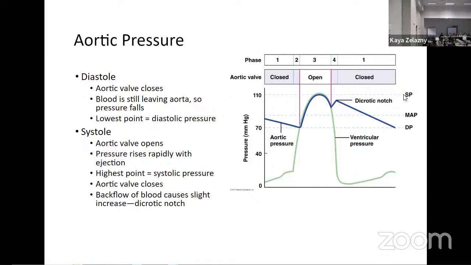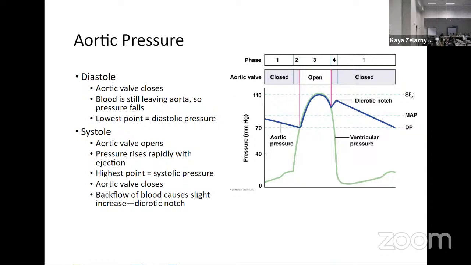What we really want to understand is systolic pressure is that highest pressure during contraction, diastolic pressure is that lowest blood pressure during relaxation. And we'll talk a lot in A&P2 about our mean arterial pressure, MAP, here in the center.